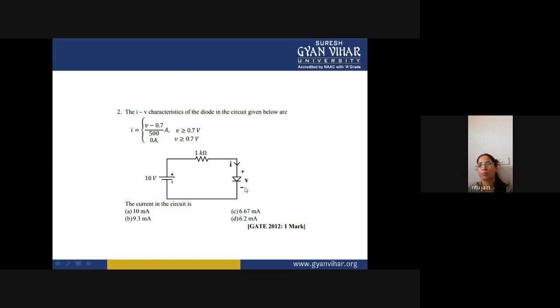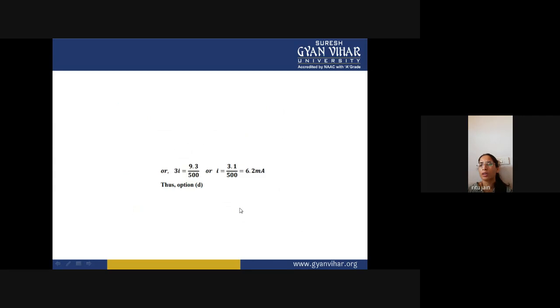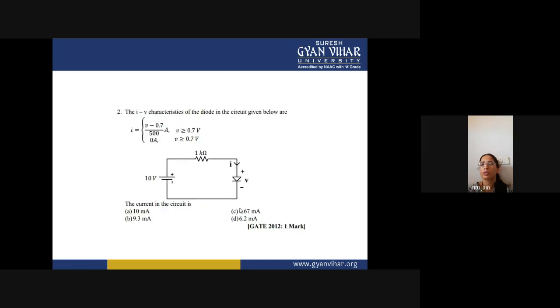You can calculate the current using this equation, and you will get I equal to 9.3 upon 500 minus 2I, so the current is 6.2 milliampere, which is option D.